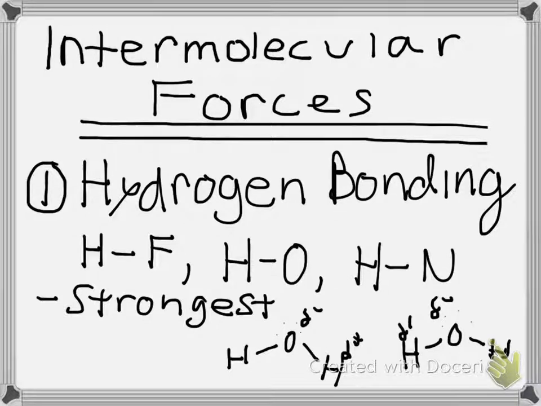And what's going to happen here is this oxygen is going to have an attractive force with this hydrogen. The reason for this is because the hydrogen has a partial positive charge and the oxygen has a partial electronegative charge.